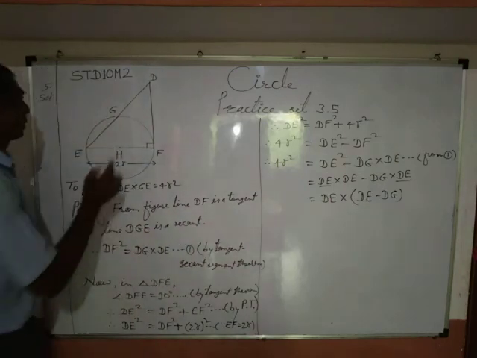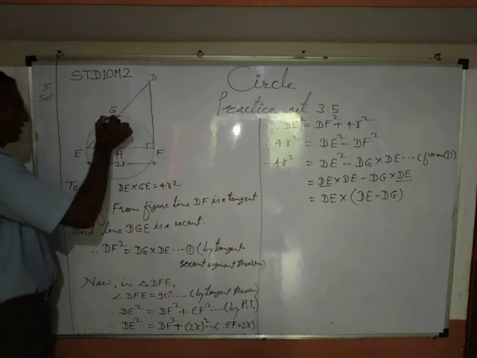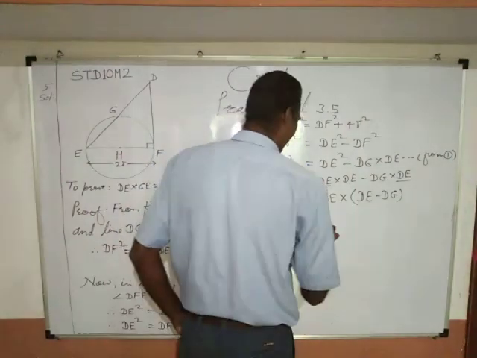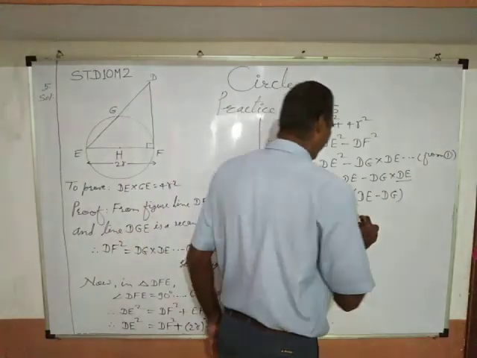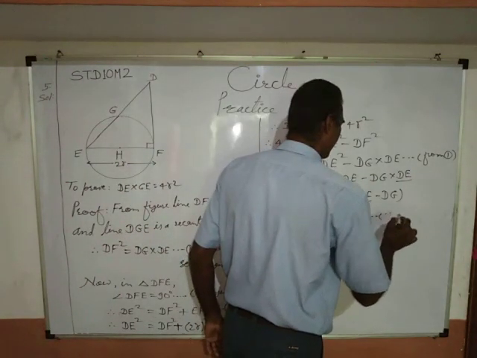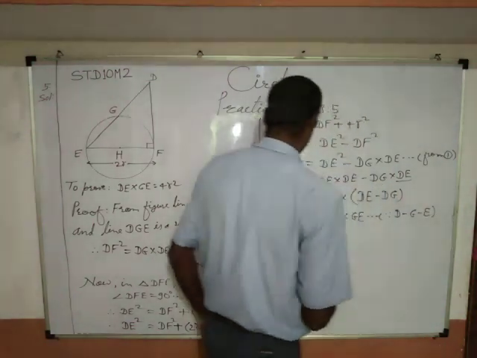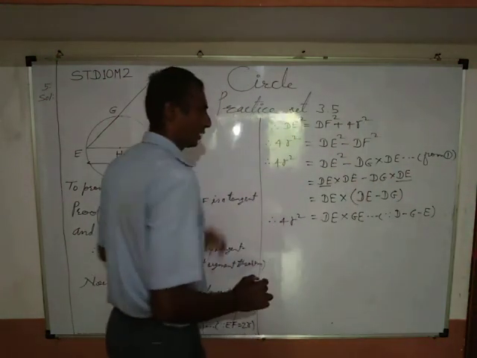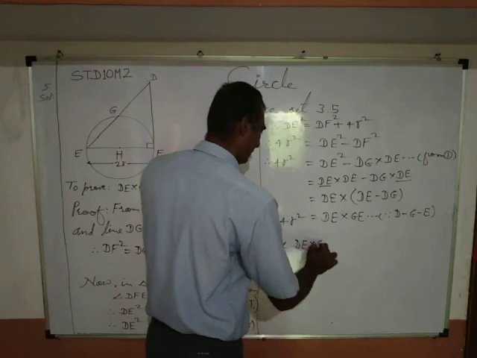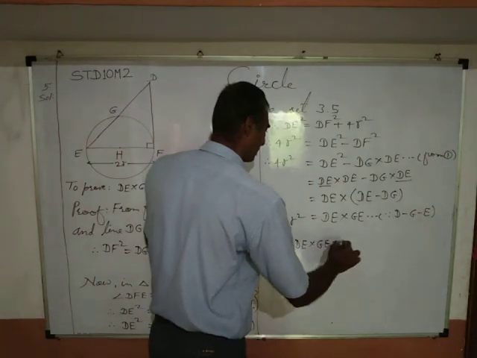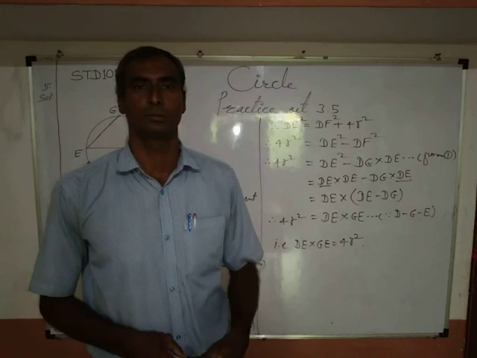Now DE minus DG gives us GE, since D-G-E. So that equals DE into GE, and therefore 4r square equals DE into GE, that is, DE into GE equals 4r square. Hence the proof. Thank you.